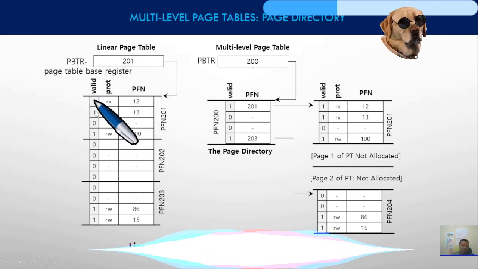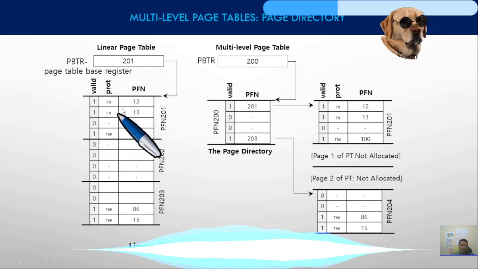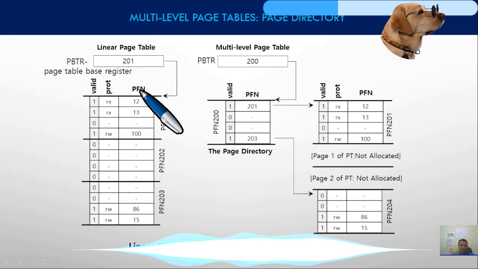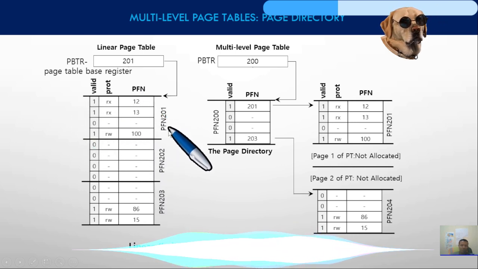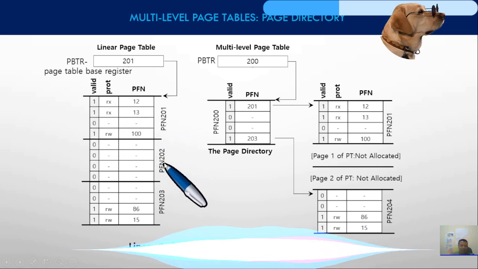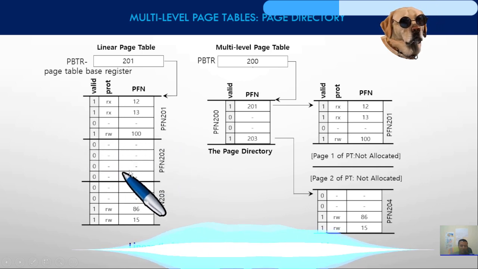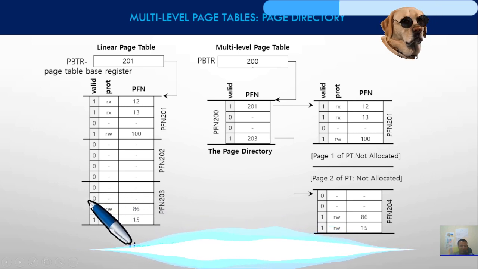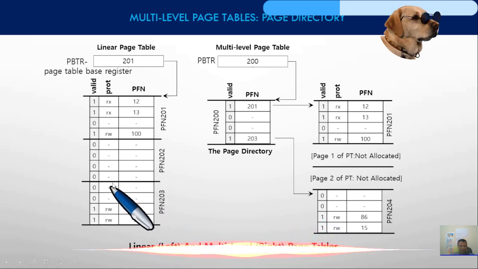As you can see, we have the valid bit and the protection bit, and we have the physical frame number, the page frame number. If you see page frame number 201, we have something, but at page frame number 202 there is nothing, and at page frame number 203 we have some data.